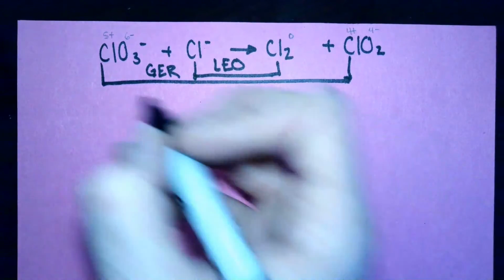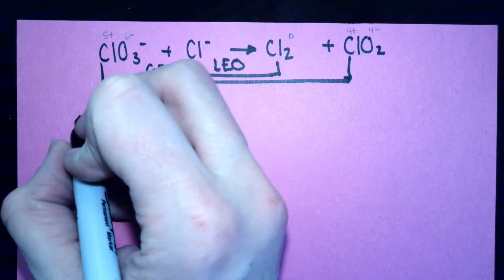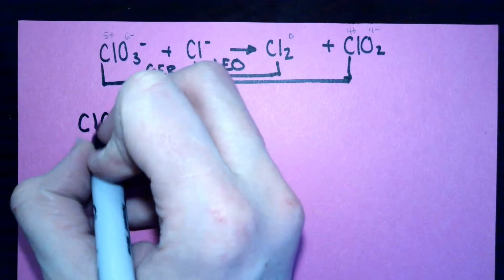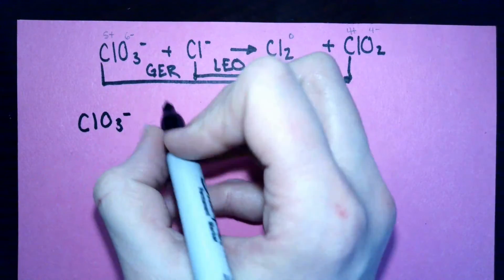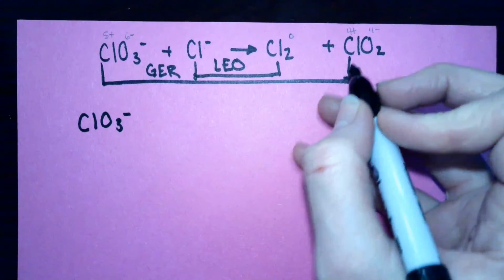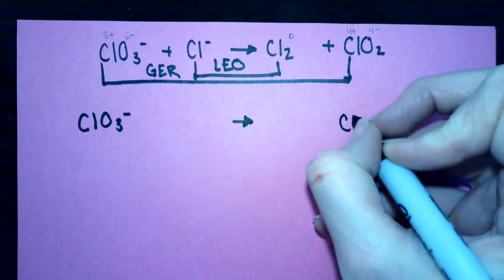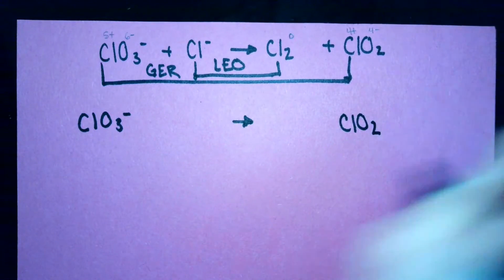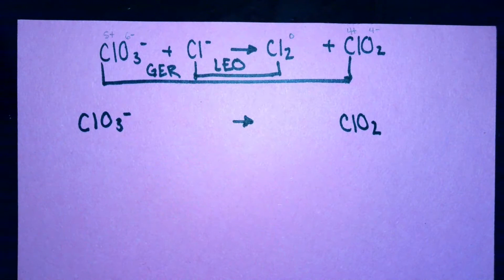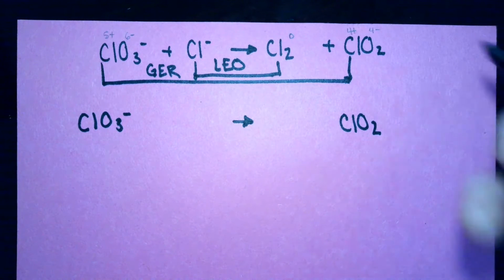Alright, so then I'm going to separate it out into my half reactions, and I get ClO3 with a minus 1 charge. So again, I'm going to pull this guy and write ClO2. Alright, so when doing the redox reactions, this one is in acid.